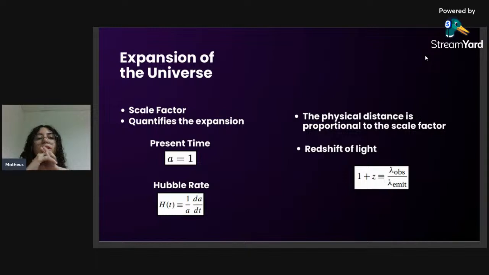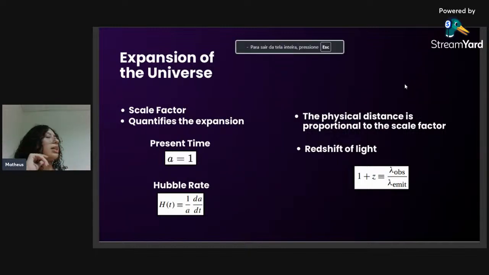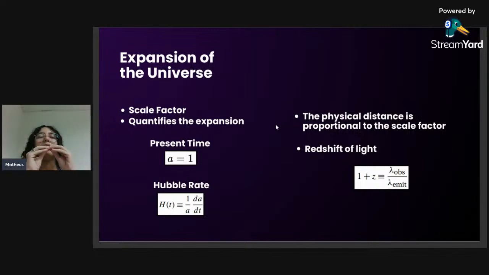To try to explain the expansion of the universe, we need to introduce a parameter that is called the scale factor. The scale factor, as I put here, quantifies the expansion of the universe. It is denoted by the letter a. At the present time, by convention, we consider that the scale factor is equal to 1.